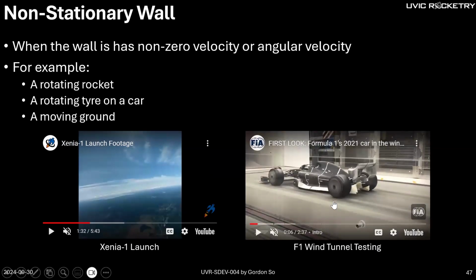It's because if they don't account for those effects, they don't get a good result. Modern Formula One cars rely so much on ground effect, which is running close enough to the ground to use that as an advantage to get more downforce and reduce drag. If you don't factor it in, the whole result will be thrown off and your car will not work. So that's an example of non-stationary walls.